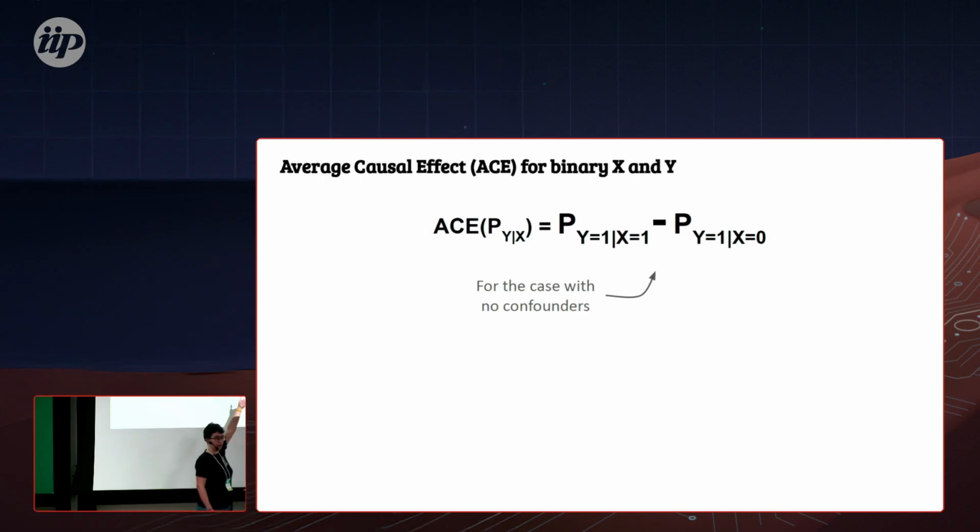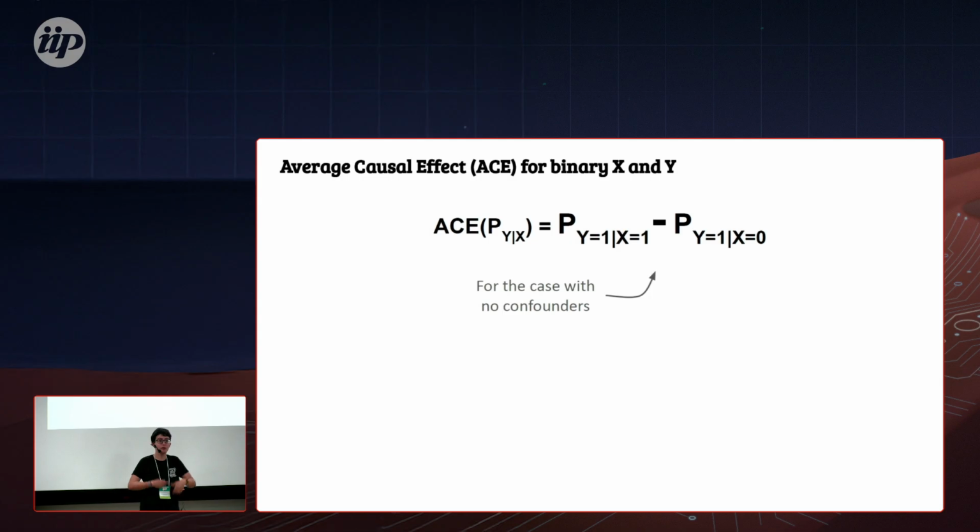And it's, again, because I have no confounders. So this measures how much the distribution over y changes when I change the value of x, also just for the binary case. And people have been using this as a measure of causal influence.